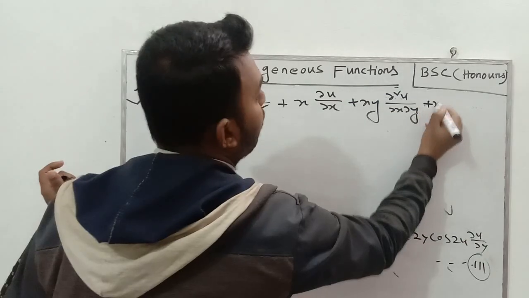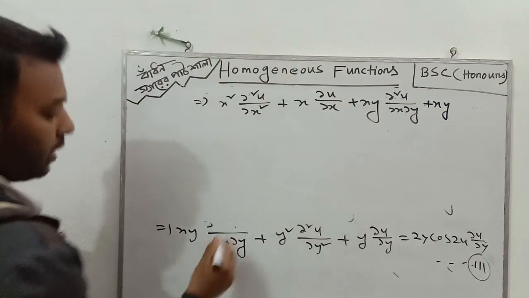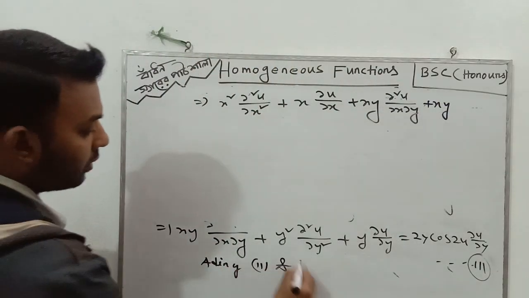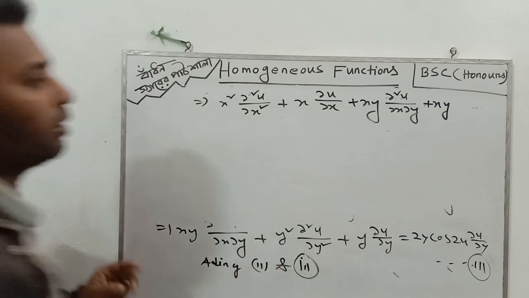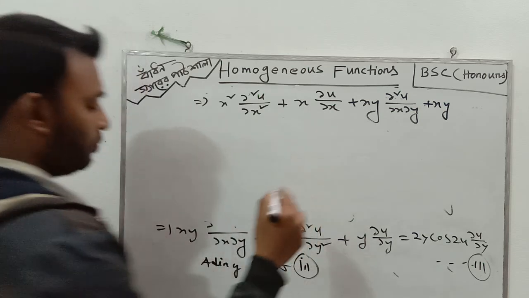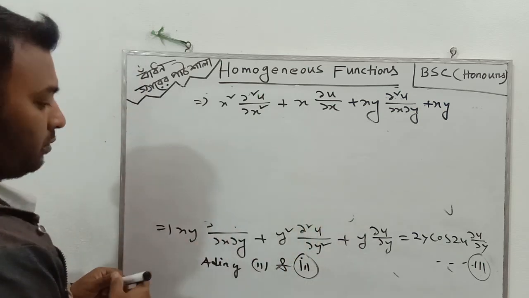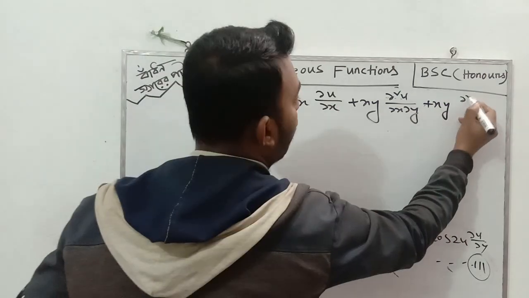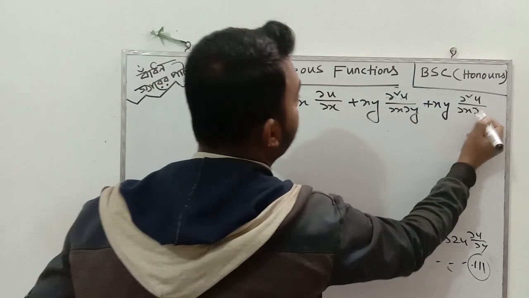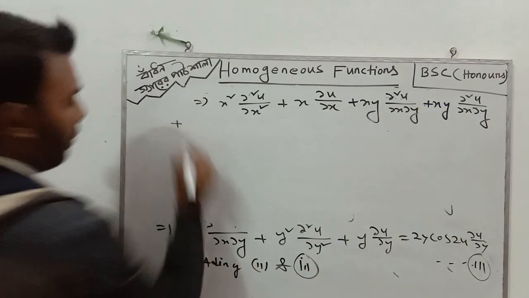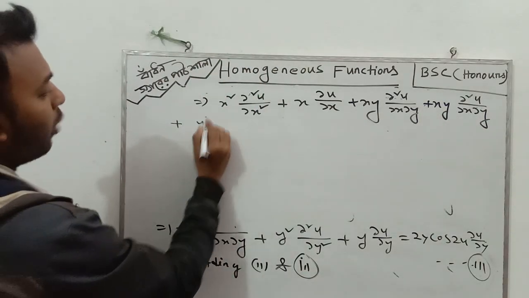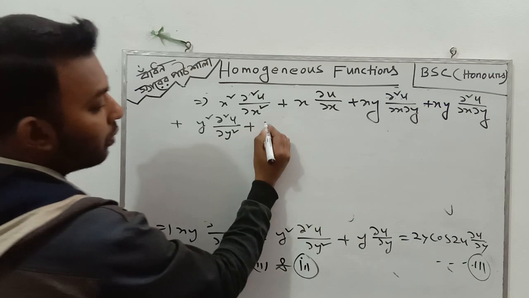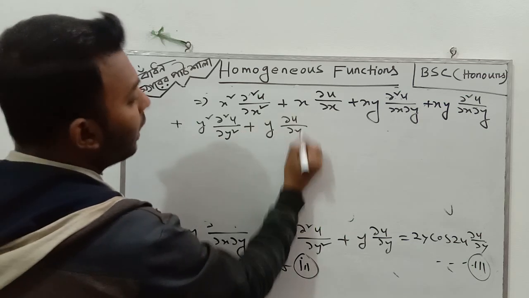Adding 2 and equation number 3, xy ∂²u/∂x∂y plus y² ∂²u/∂y² plus y ∂u/∂y.